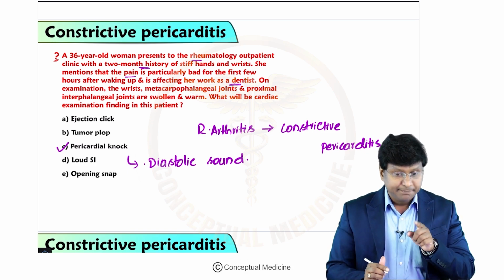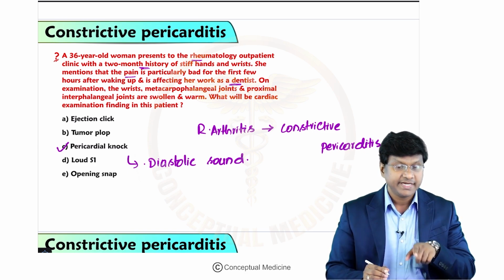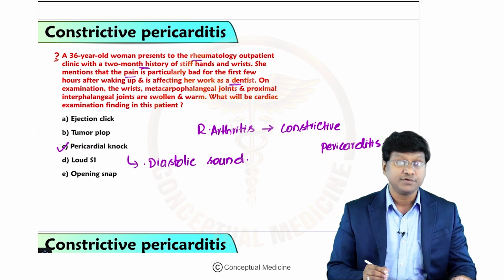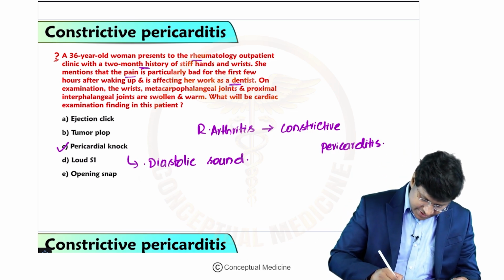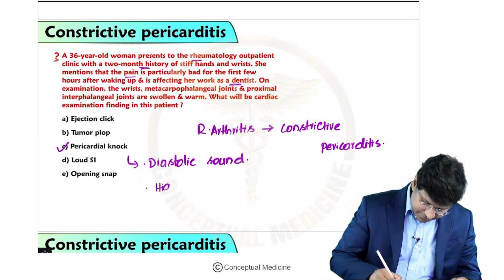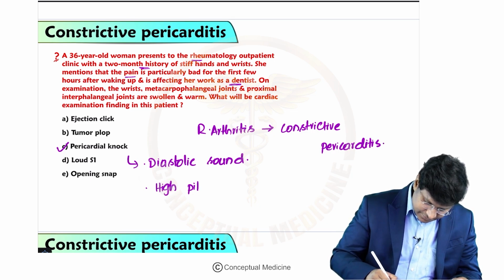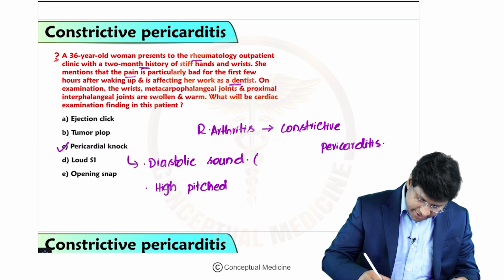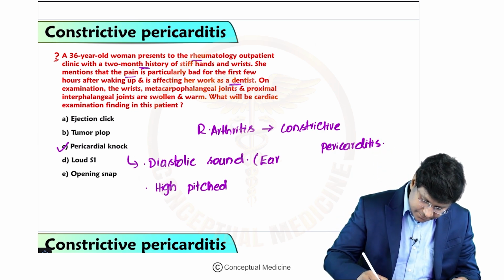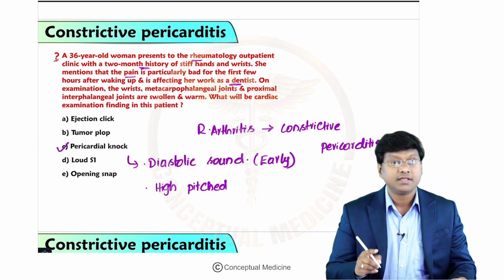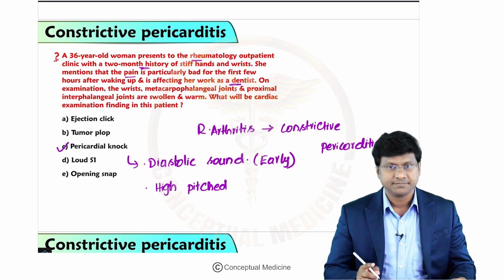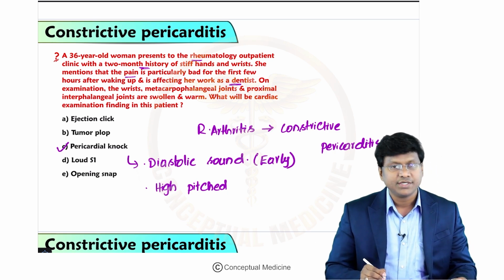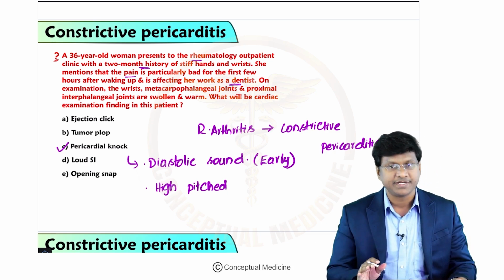The pitch of this pericardial knock is higher than that of your third heart sound. So it is a high pitched sound, and it is audible in the early part of diastole. You will see that in patients with constrictive pericarditis.